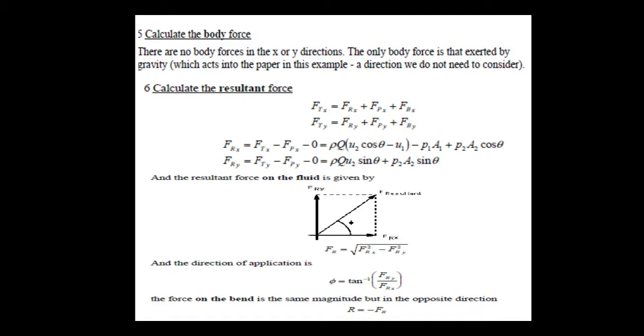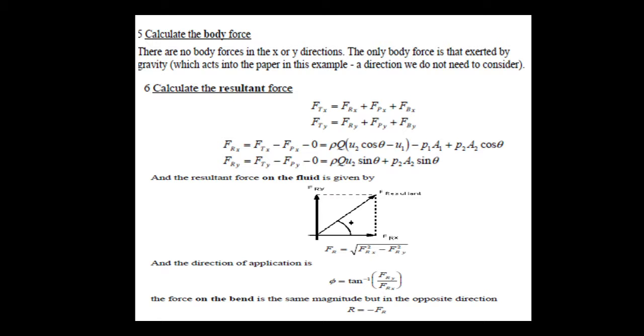The resultant force in the x direction is Frx, and Fry is the resultant force in the y direction. Taking the y direction, F of ty is equal to the resultant force at y plus the pressure and body force sections. Now F of Rx is equal to F of Tx minus F of Px minus 0.